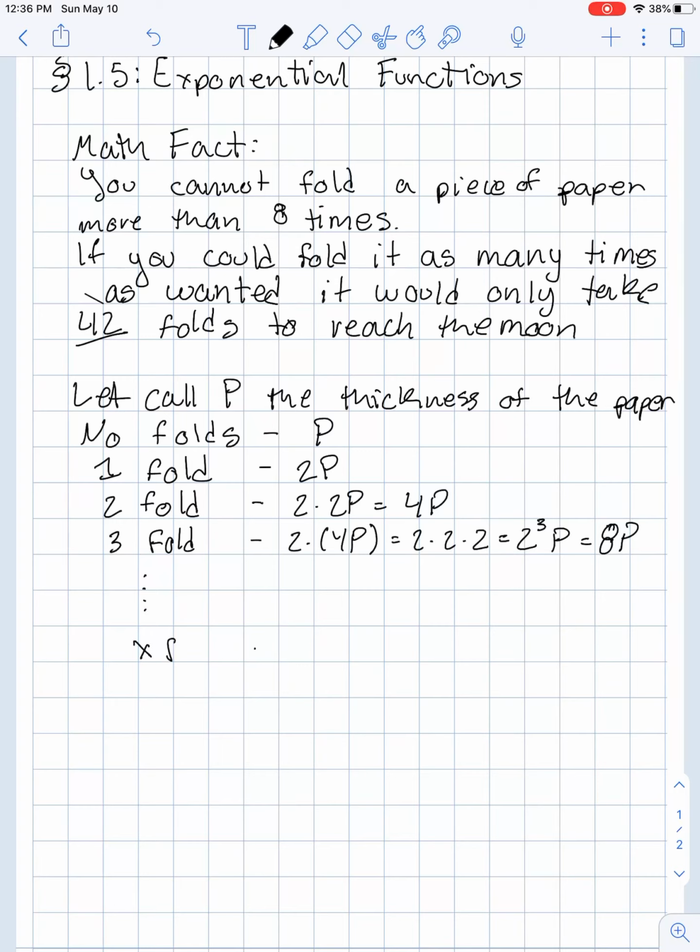What if I keep folding it X amount of times?